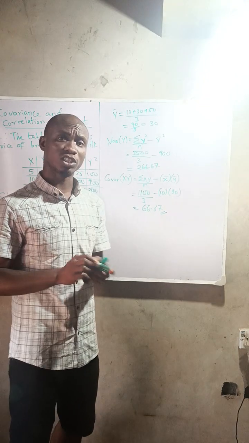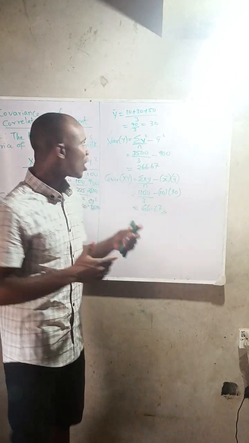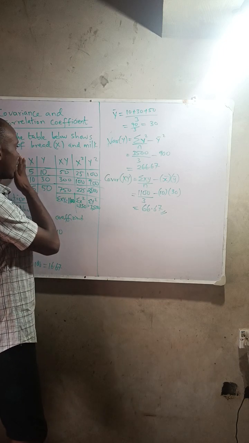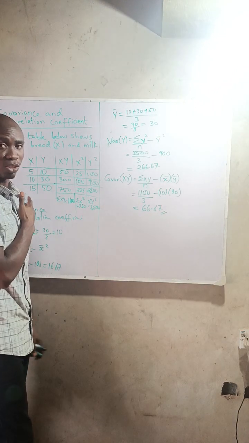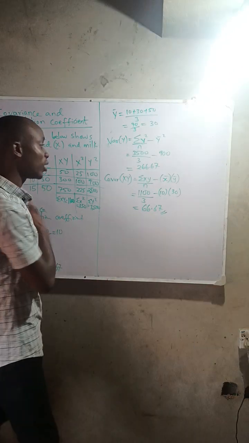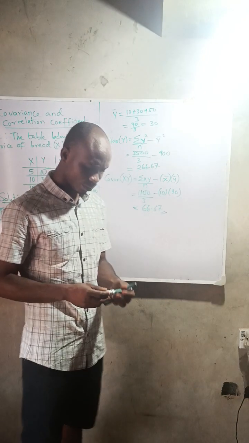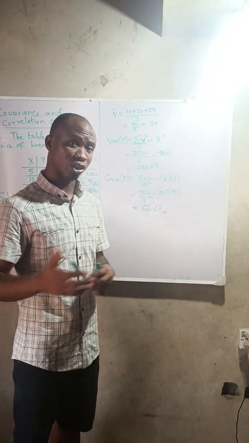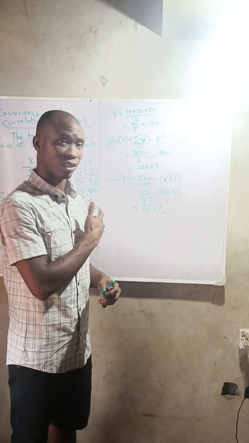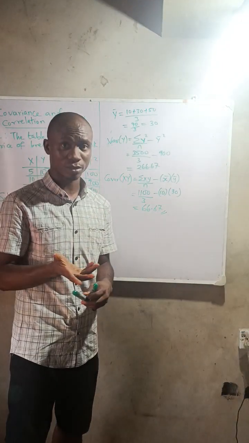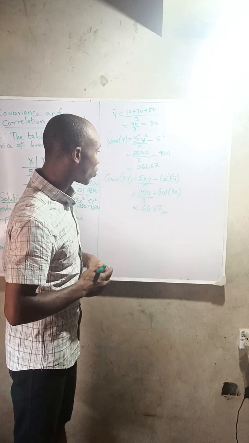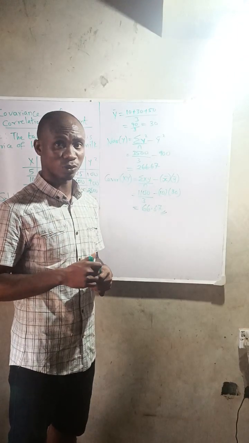Now, the covariance gives us how the price of x and y varies with each other, but a more precise measure of the relationship between the price of bread and the price of milk is the correlation coefficient, which we are going to calculate.